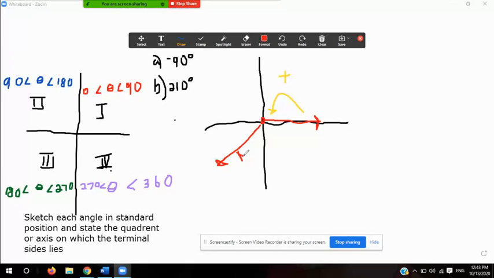Let me go ahead and type that here in the box. The terminal side lies on quadrant 3.